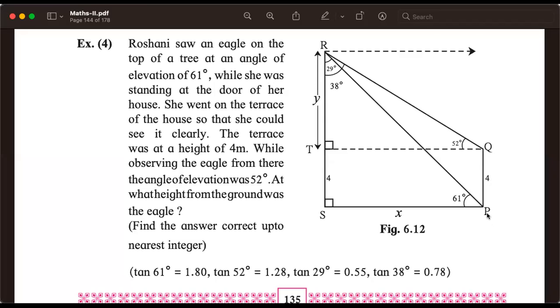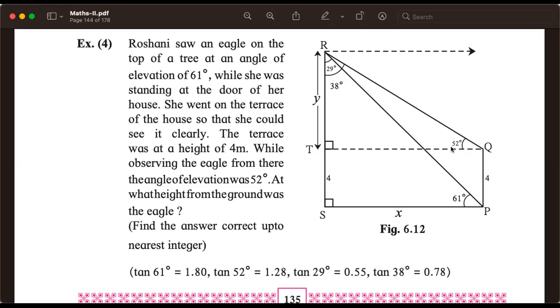So the roof of the house, the terrace, is 4 meters high. She reached Q. Now because she is at a higher height, her angle of elevation will be lesser. Just as going farther away makes the angle of elevation smaller, going higher also will reduce it.